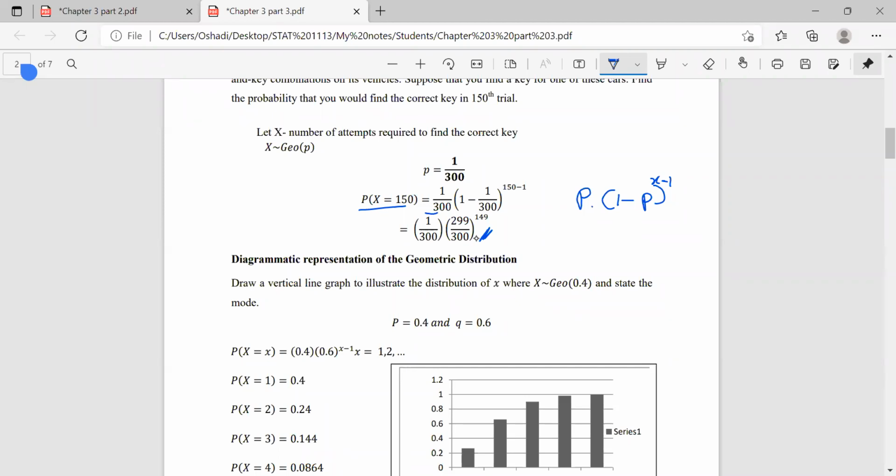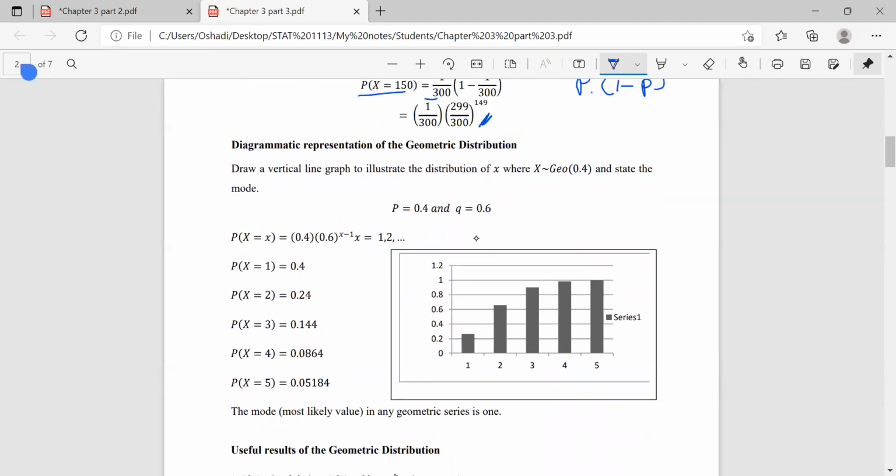We can draw a vertical line graph to illustrate the distribution of X, where X is geometric with the probability of success 0.4, and state the mode. We are going to find the mode using the diagrammatic representation.